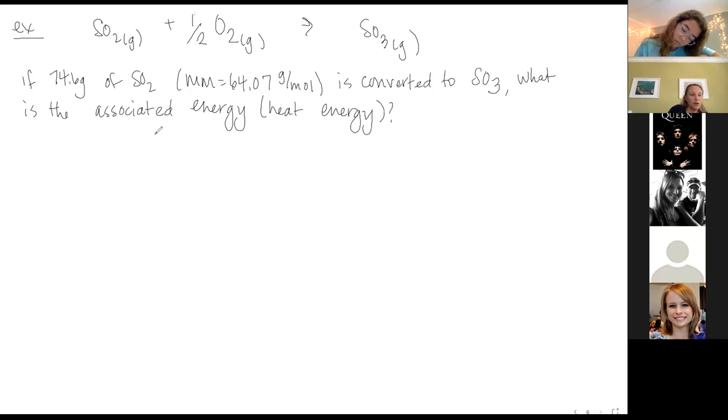And we are told in this problem that the change in enthalpy of this reaction is negative 99.1 kilojoules per mole. So this is an exothermic reaction. This is a negative value.